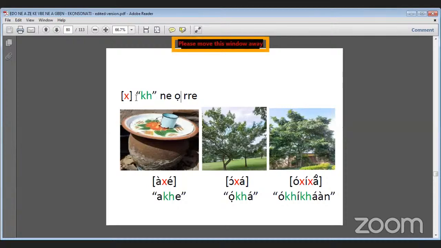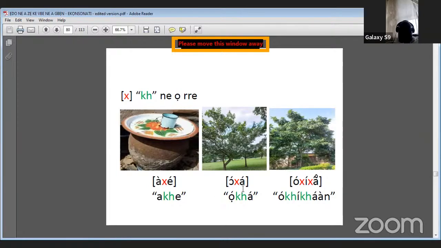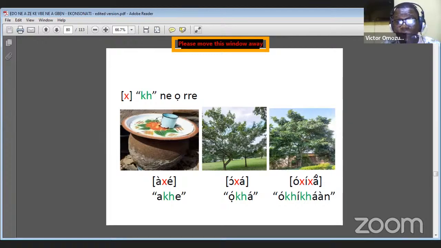Nore oha. Oha is a type of tree. This one is the smaller oha. The big one is igbano wakoko.